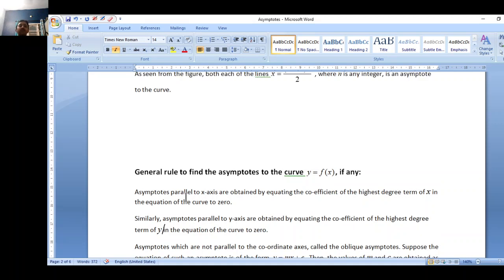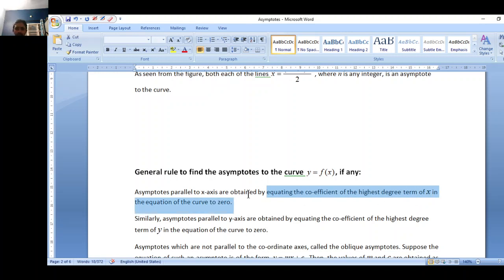So to begin with, to find asymptotes parallel to the x-axis, once again I'll repeat, if there are asymptotes to the curve, we're going to find them based on the following rule. If you look for asymptotes parallel to the x-axis, they are obtained by equating the coefficient of the highest degree term of x in the equation of the curve to 0.